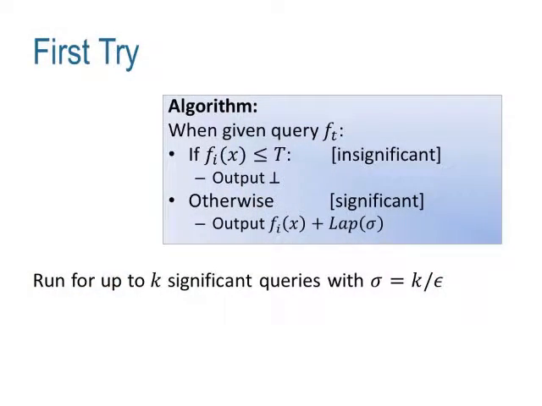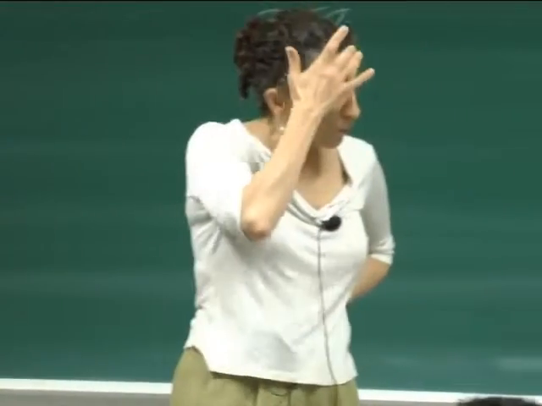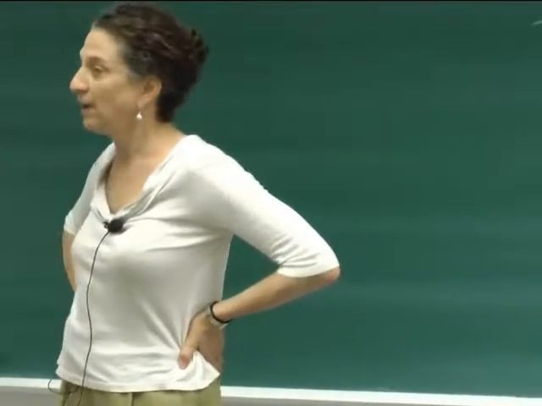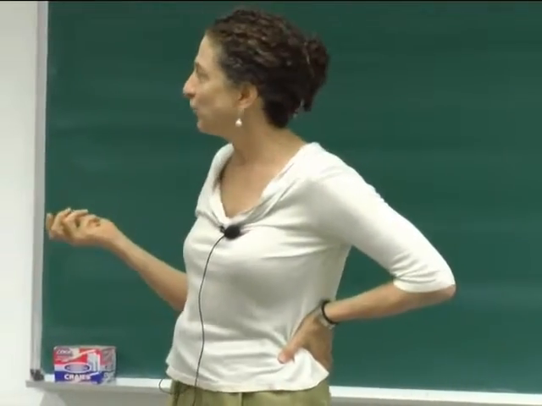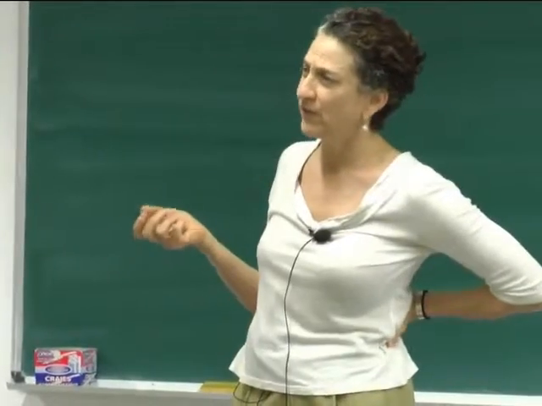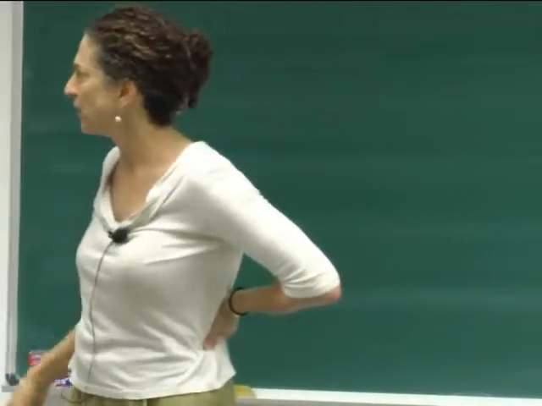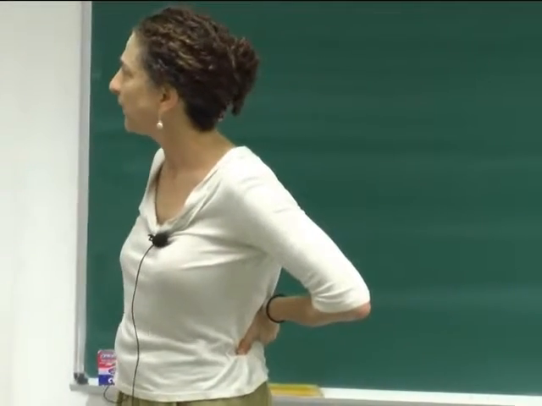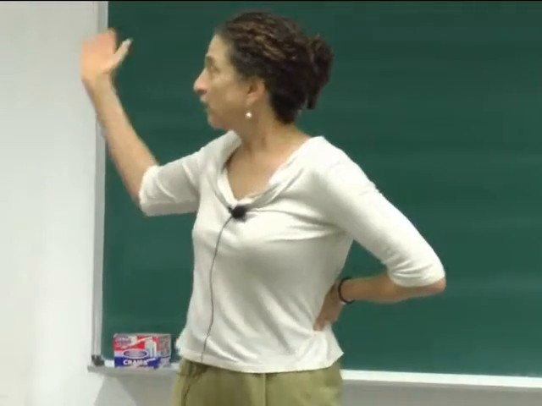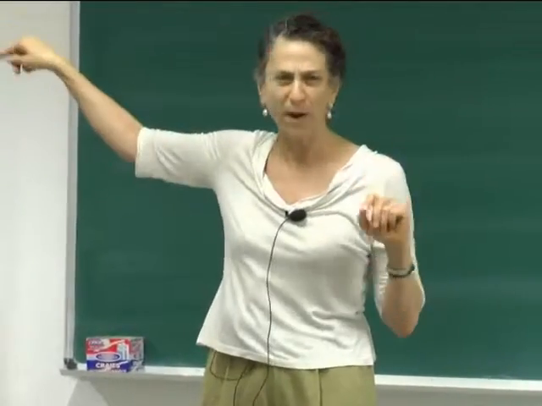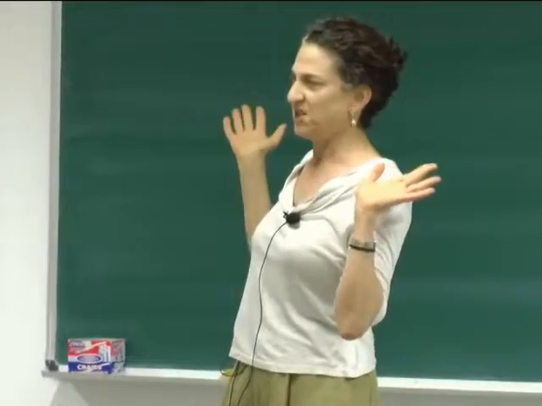So here's our first try at an algorithm. When I'm given a query, which is a function, f sub t, I'm stressing for no particular reason that this is a general sensitivity 1 function. Think of it as a counting function, a counting query. So if the answer is below the threshold, it's insignificant, output this symbol bottom, and it says this is insignificant.